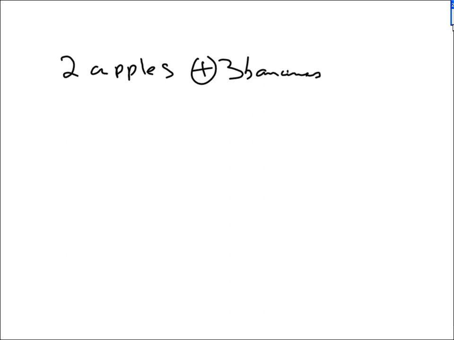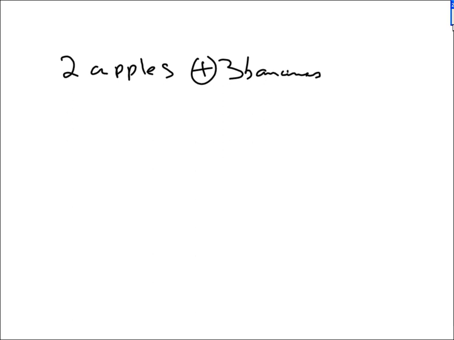You can only add things that are alike. You can only combine things that are alike. Well, you can have 2 apples, and you can add 3 bananas, or you can state that you're adding them. You can actually have in front of you 2 apples and 3 bananas, and then somebody asks you, what's that in your hand?